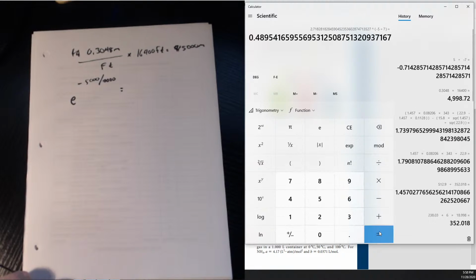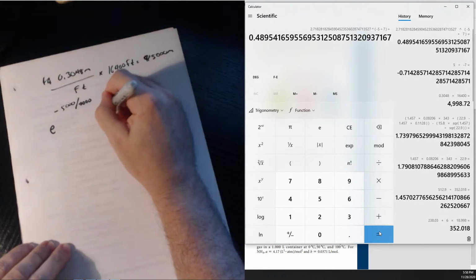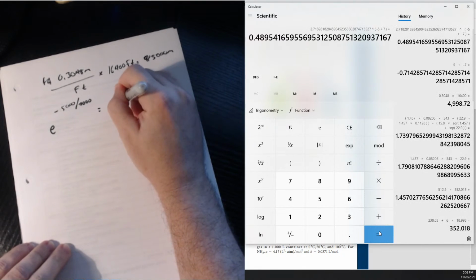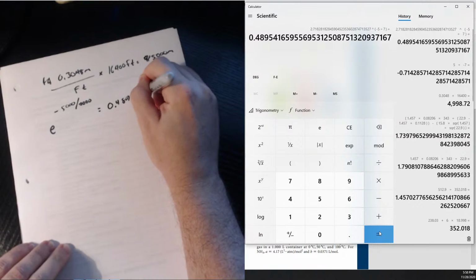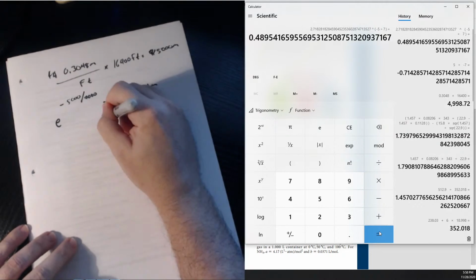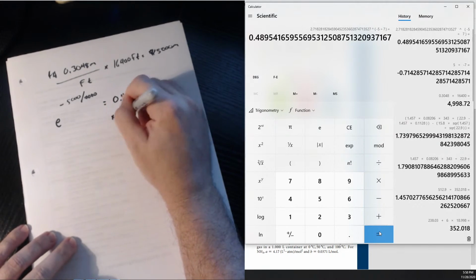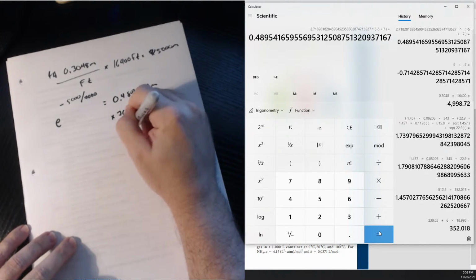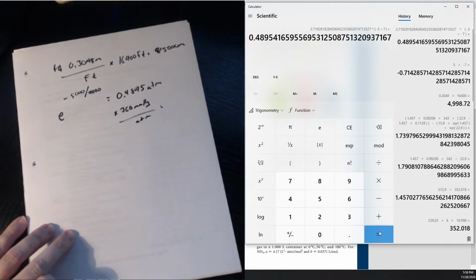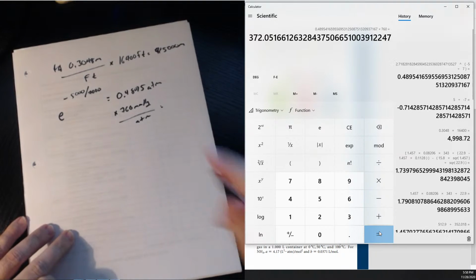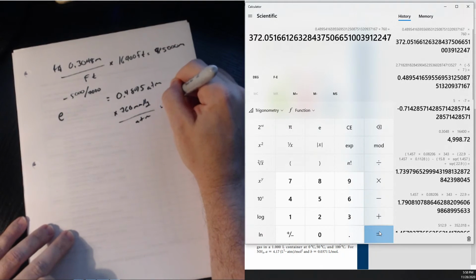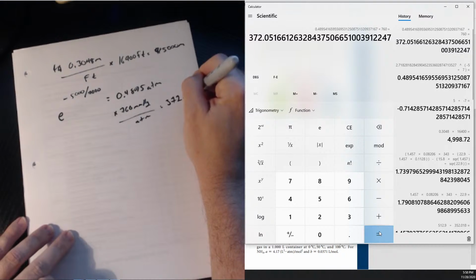Okay. 0.4895 atmospheres times 760 millimeters mercury per atmosphere is 372 millimeters of mercury.